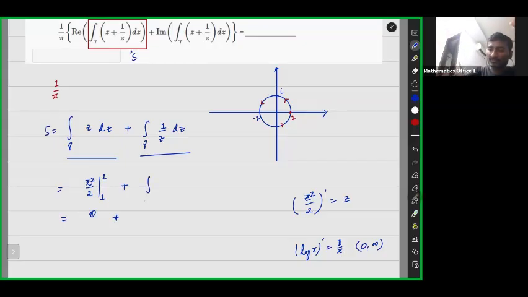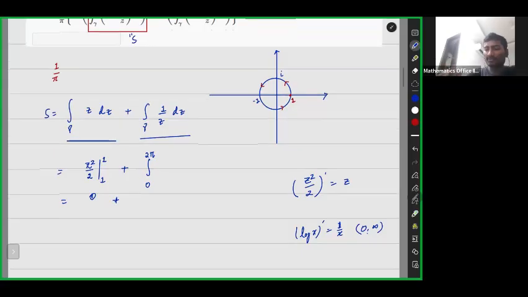So it will become integral from 0 to 2 pi. Now we are using the theorem proved in the class, the property of change of variables. In place of z we put e power i t, and this is f of z.